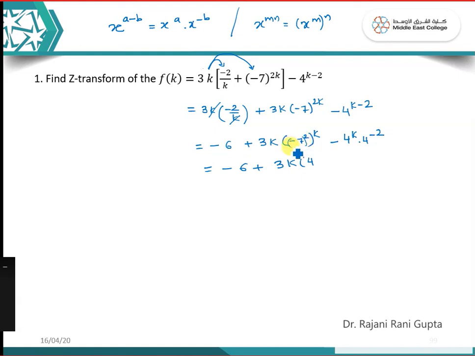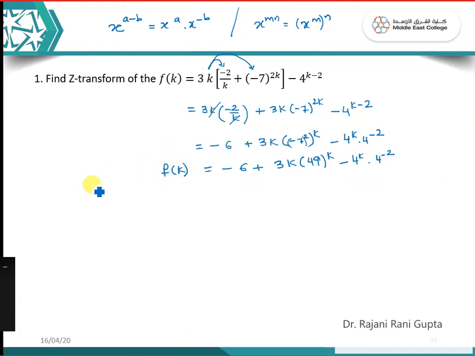So minus minus becomes plus. This is 49k minus 4 power k and 4 power minus 2. It's okay, you can leave it like this or you can simplify it as 16 power minus 1 or divide by 16. Everything is okay. So now this is the simplified form of your function.